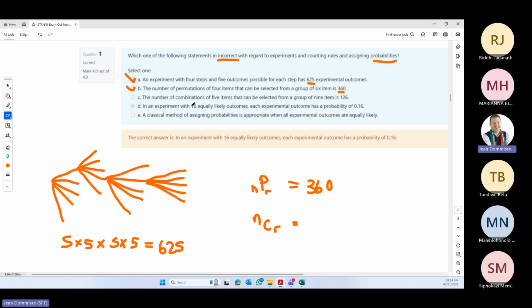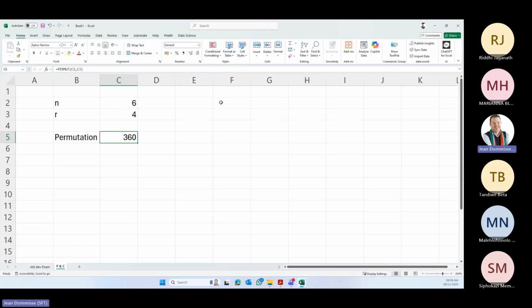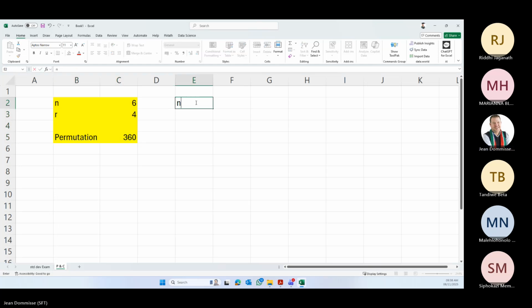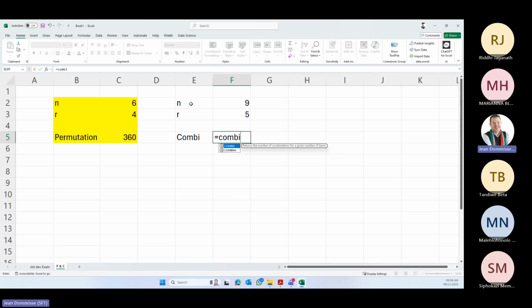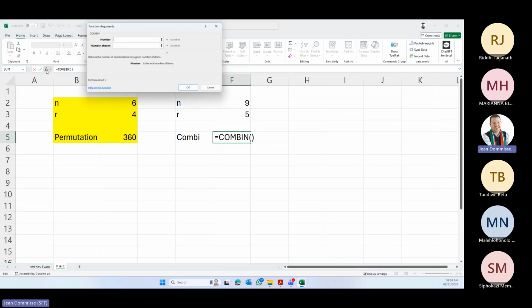And then the number of combinations of 5 items that can be selected from a group of 9. Okay, so let's just block that. And then 9, 5, combination. So again, there is a combination formula.